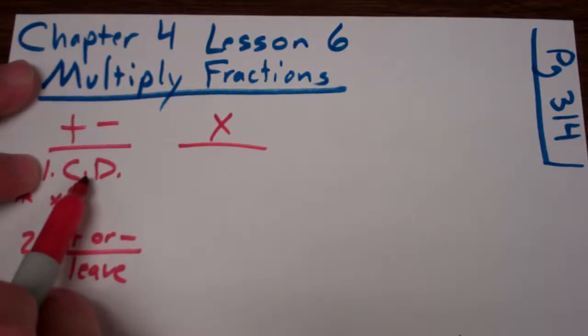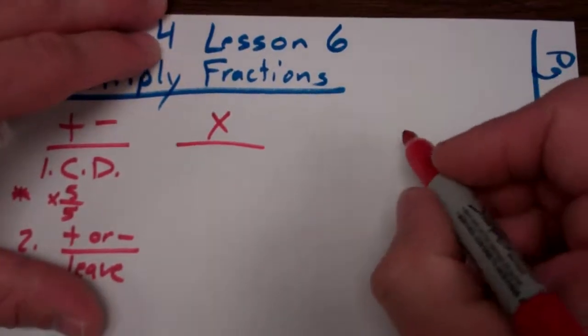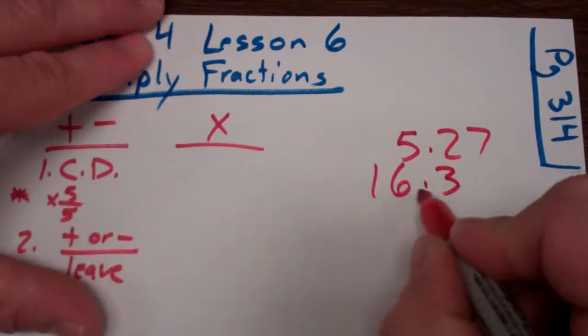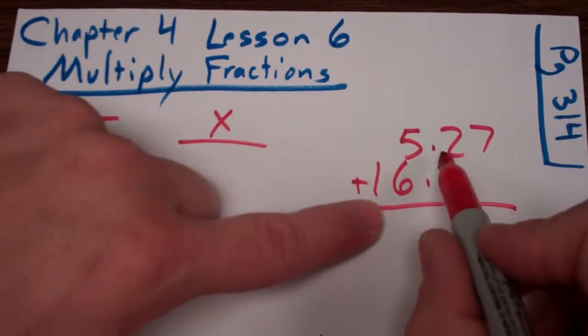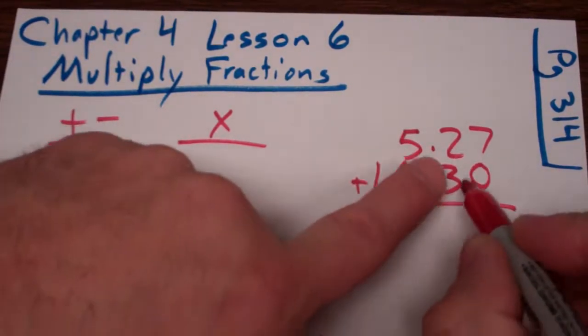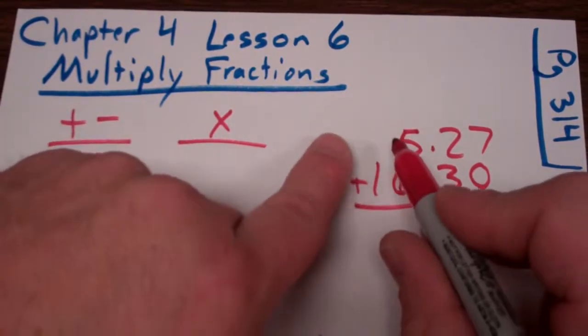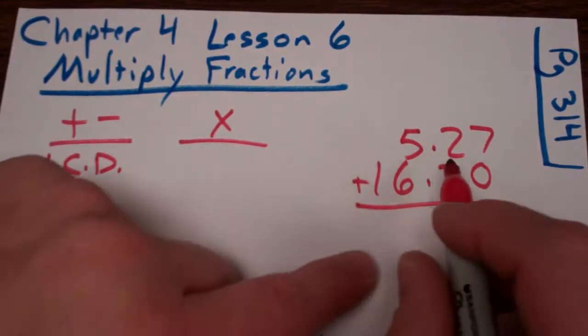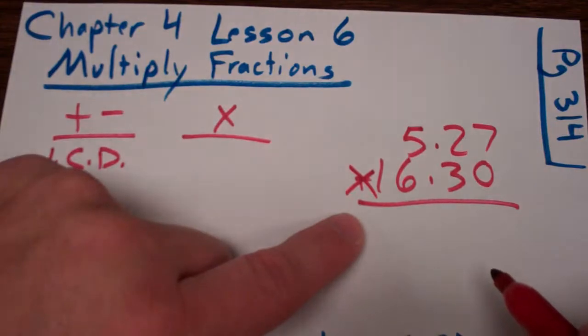In the same way with adding decimals, remember, if you're adding decimals, you have to line up the decimal. So even if it's like 16.3, you have to line up the decimal. The reason is because you need to be adding your hundredths to your hundredths, your tenths to your tenths, your ones to your ones, and your tens to your tens. We need to be in the same size pieces. When you multiply, you don't need to line up that decimal.